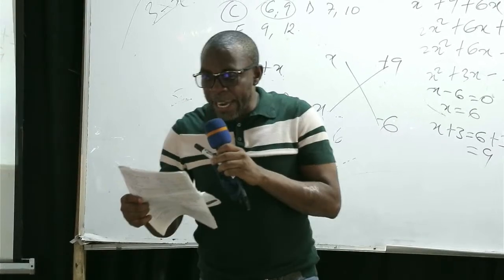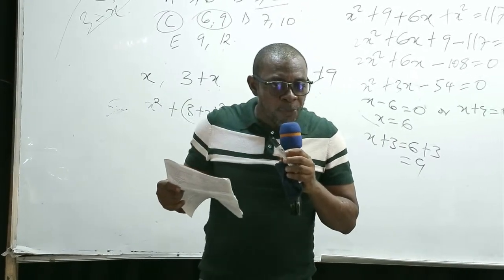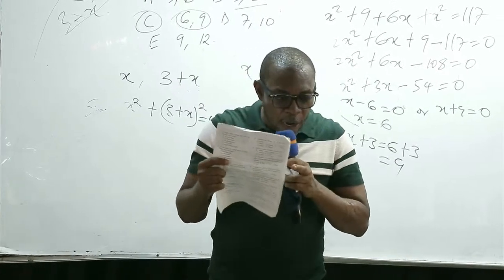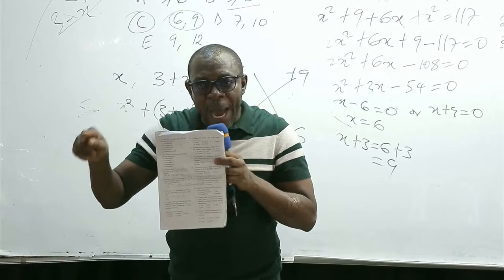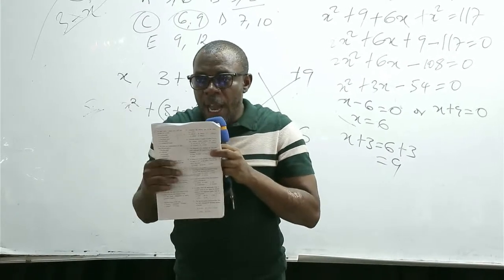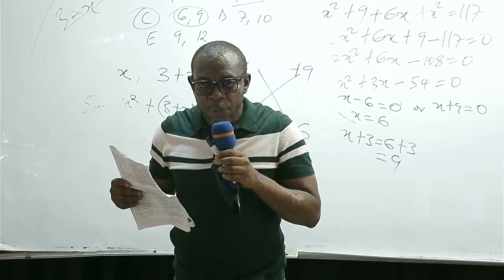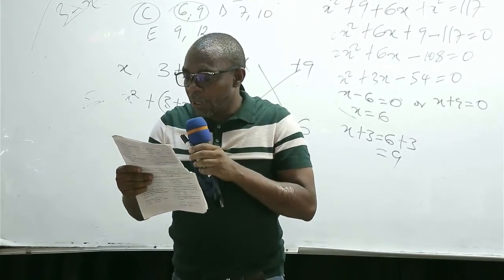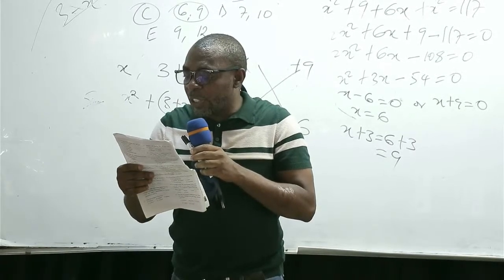5 years ago. Are we talking about present, past, or future? And when you are talking about past, is it addition or subtraction? Wonderful. 5 years ago, the product of their ages was 34.